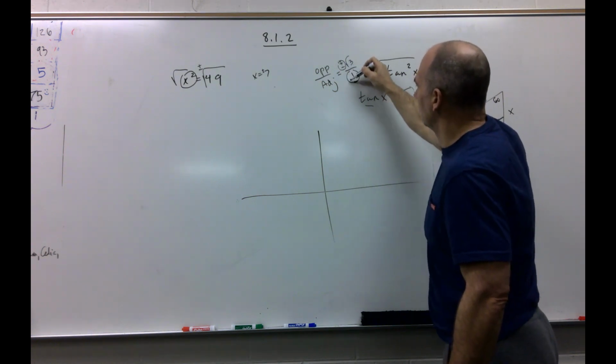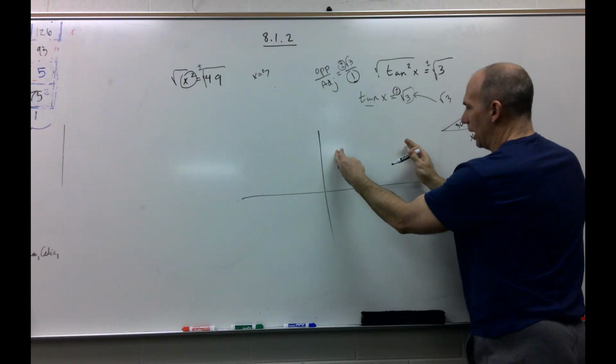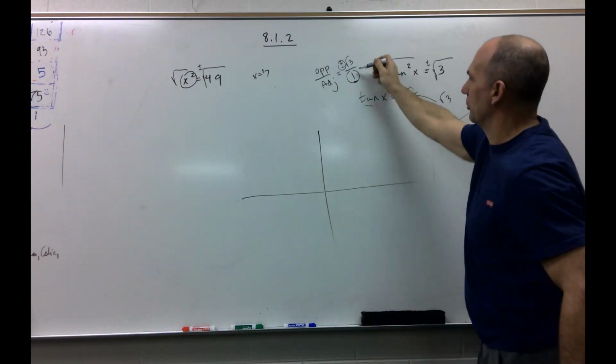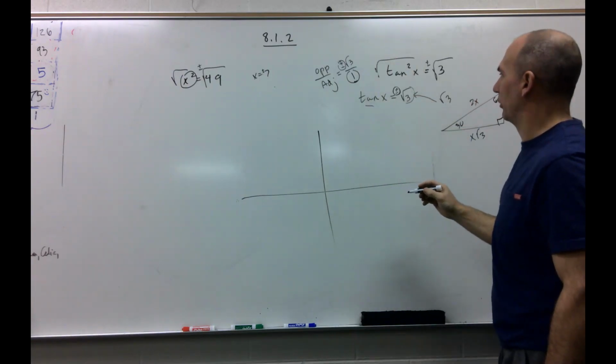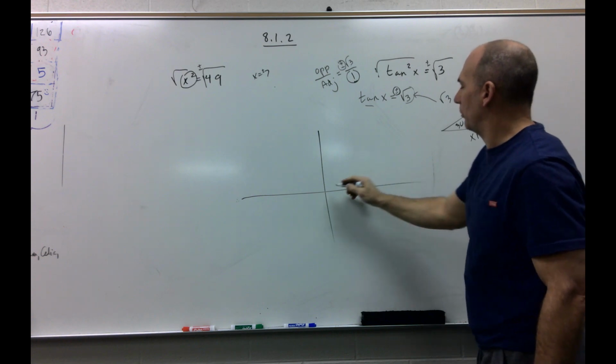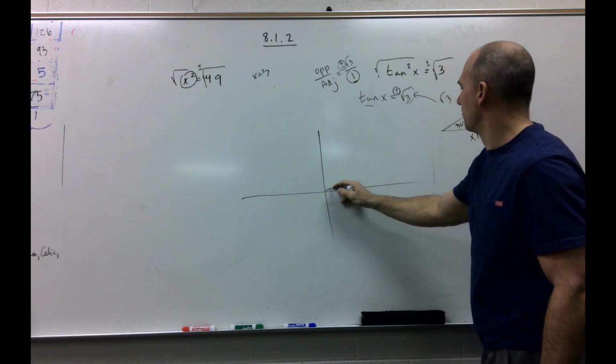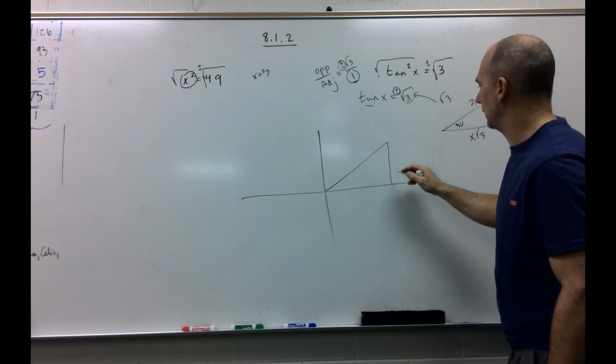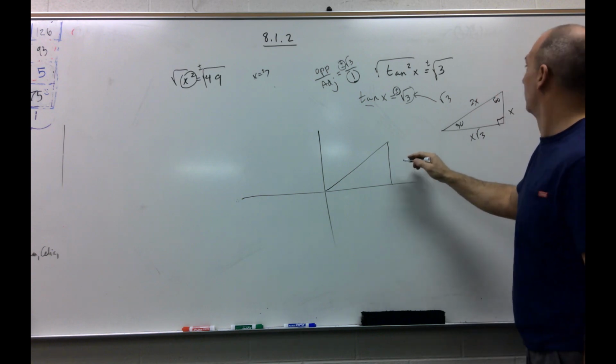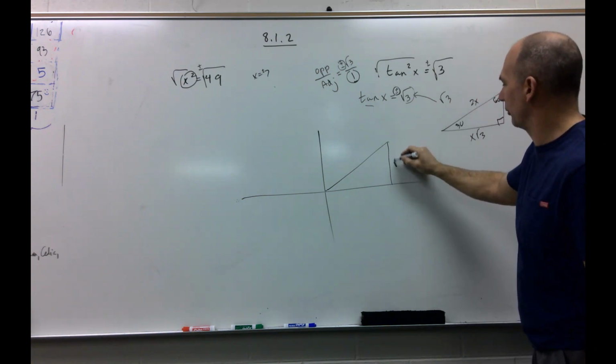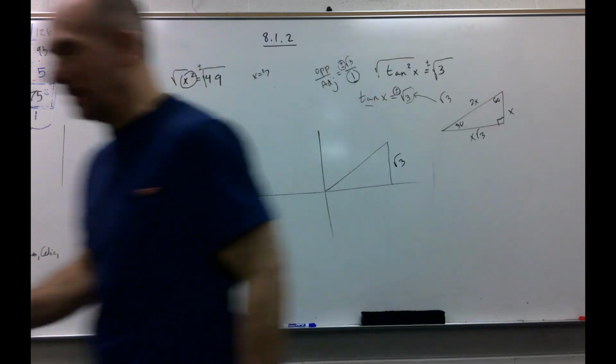What I'm saying is, this negative could float down to the adjacent side. So let's take a look first at the easy quadrant, quadrant 1. Let's try to draw a picture with this situation. So my opposite side is the square root of 3. Let me make sure I wrote this problem down right here, guys.